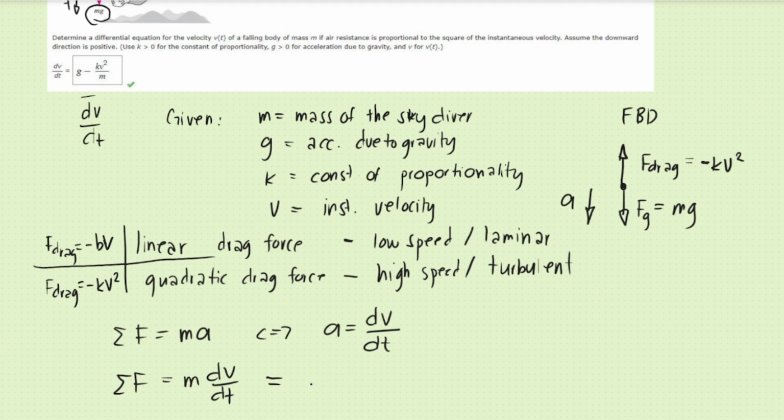So the sum of all the forces is Fg, which is mg, minus kv squared. You just sum these forces. We've already put a negative sign before kv squared, so that would be okay. It's automatically summed up using the negative sign. So that's equal to m dv over dt.